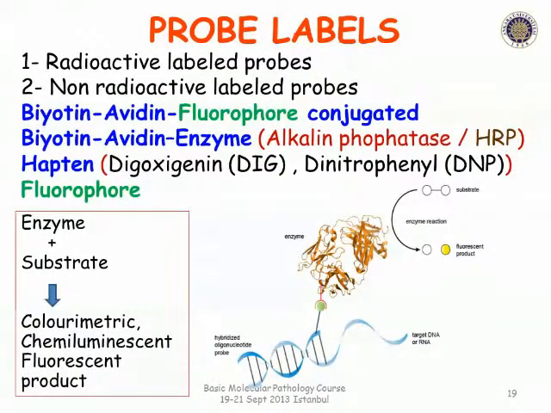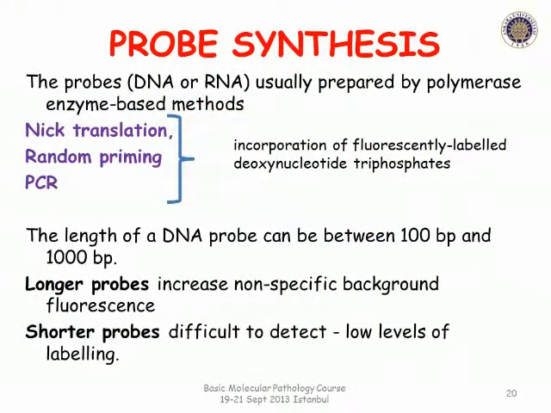It is very important. These are all non-radioactive probes, but in the past, radioactive labeled probes were also used for hybridization techniques. Probes can be synthesized in different ways. Nick translation, random priming, and PCR are methods useful for probe synthesis.